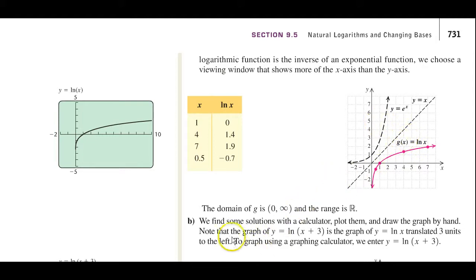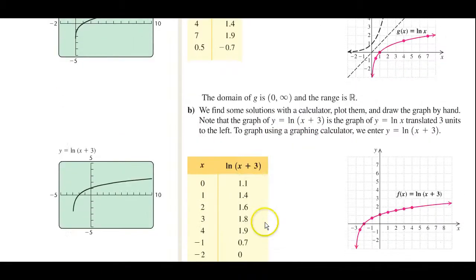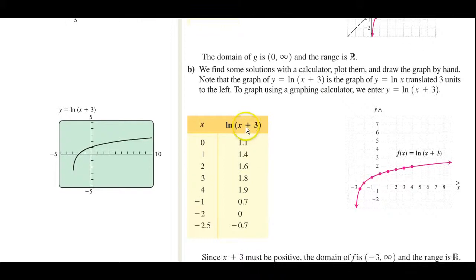Now, notice in part B, we include the 3 in our parenthesis. So when we graph it, and you may or may not recall that when something is in a parenthesis, not outside of it, it moves left or right instead of up or down.